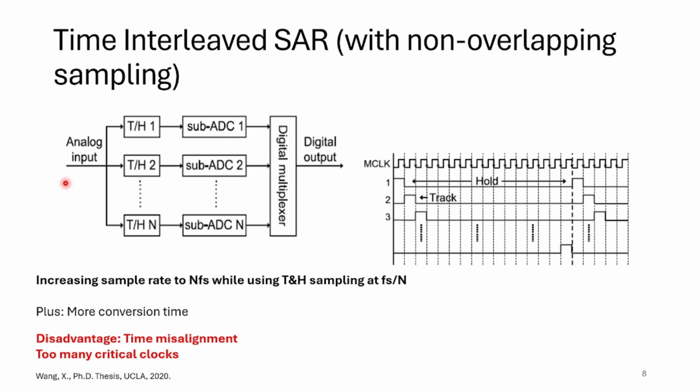Here you can see, instead of using one sampler, they use n samplers in parallel. So they are sampling at n times fs, where fs is the sampling frequency of one of these.